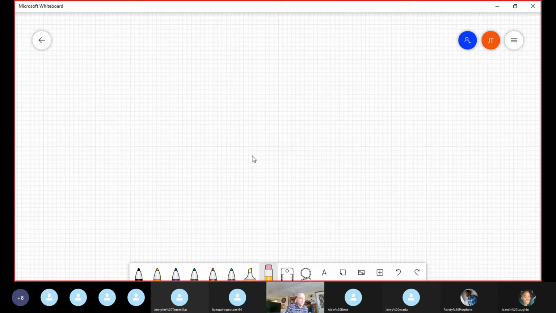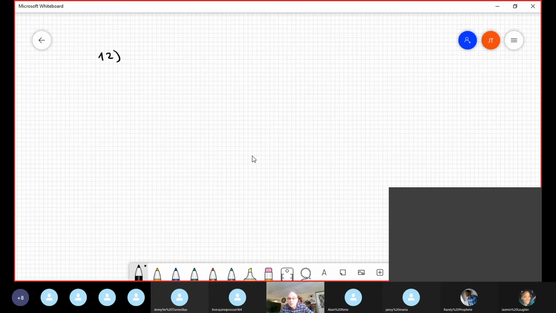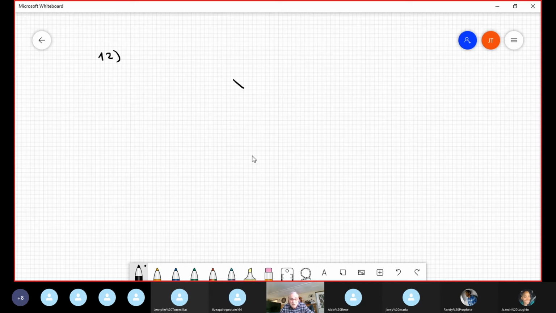Okay, let's move on to 12. It's the same question. Do the graph of a rational function. I thought the equation would be odd because x squared. Okay, x squared minus 1 over x. It's obvious that when you replace negative x here, it stays the same because this is squared.